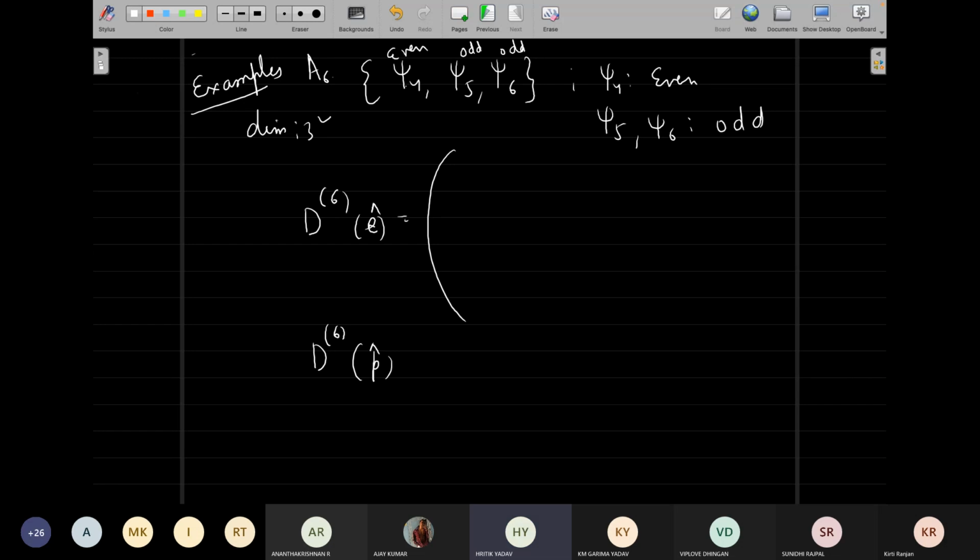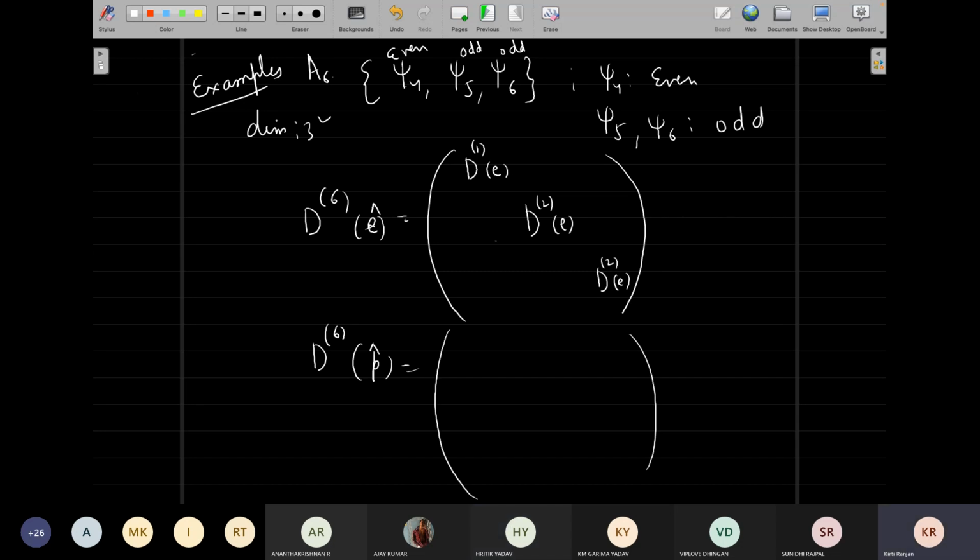Sir, will it be D1E, D2E, D2E along the diagonal? And the rest 0. But there are only two irreducible representations, right? D1 and D2. The rest all are reducible.